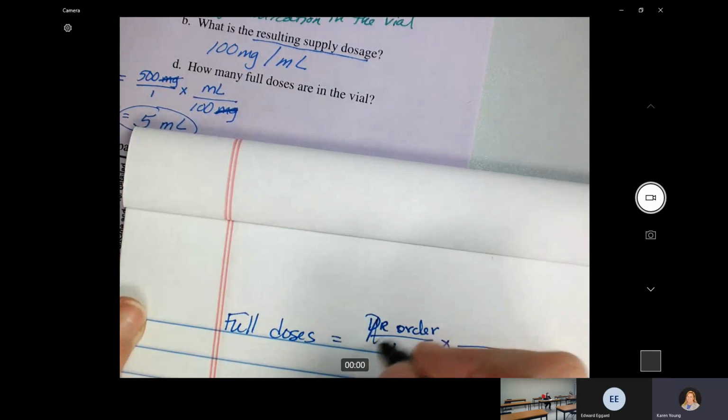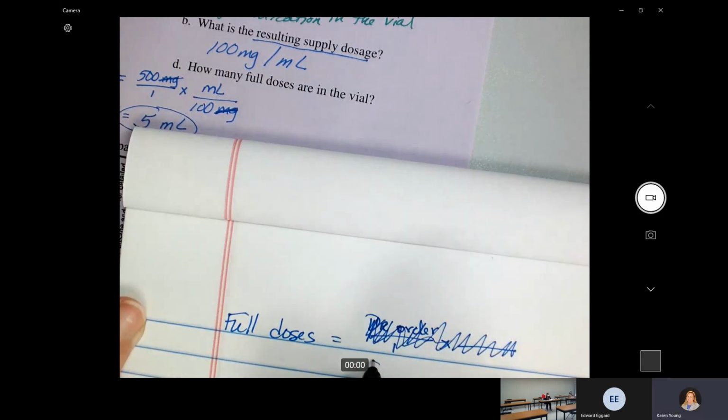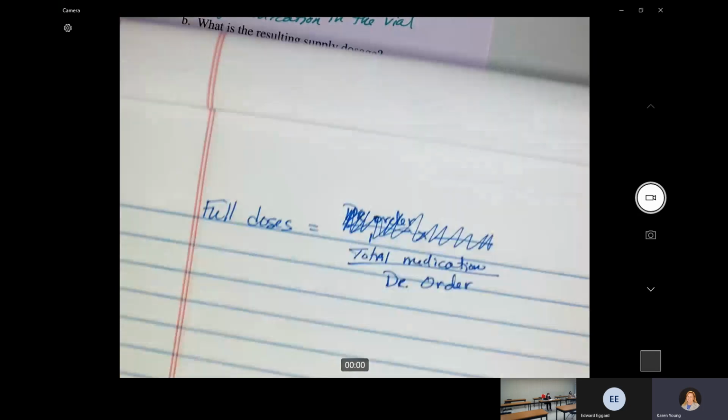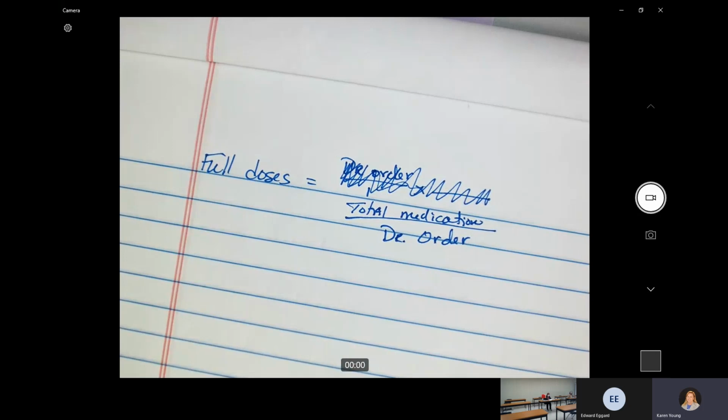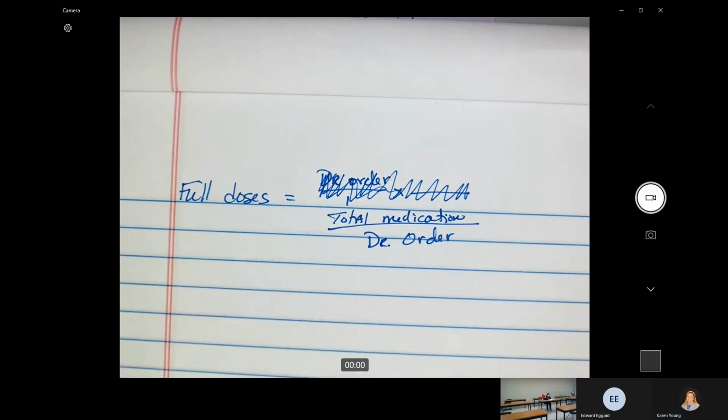No, I'm doing that backwards, sorry. I'm doing the total medication in the vial, and I'm going to divide it by my doctor's order. It's been almost a year since I've taught. Well, it's been since last spring since I've taught this. So it's your total medication divided by your doctor's order.